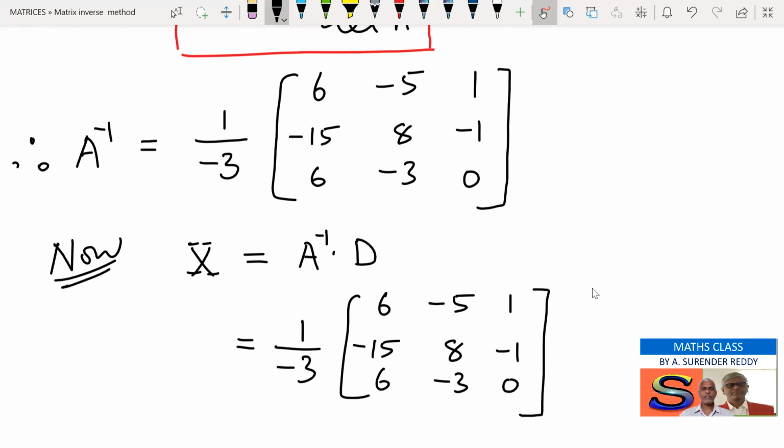This is A inverse. Multiply with D. What is D? The constant matrix 1, 6, 3.